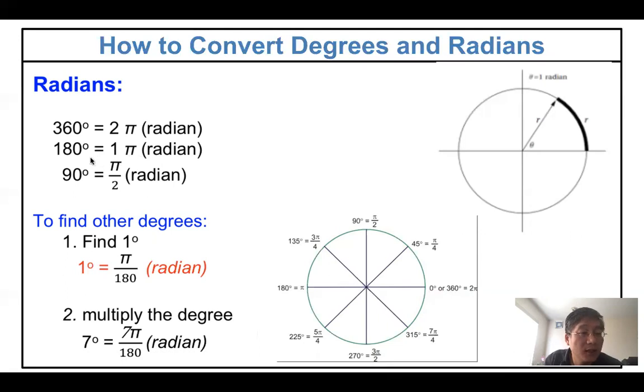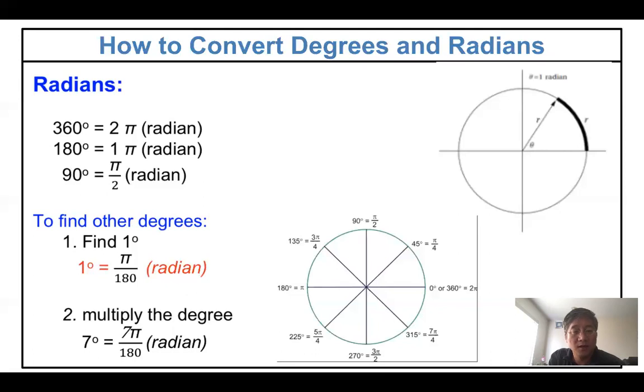Then 180 divided by pi will be 1 radian, where pi is 3.14. So 1 radian is about 180 divided by 3.14, a little bit smaller than 60, which is 50 something. You can use a calculator if you want the exact value.